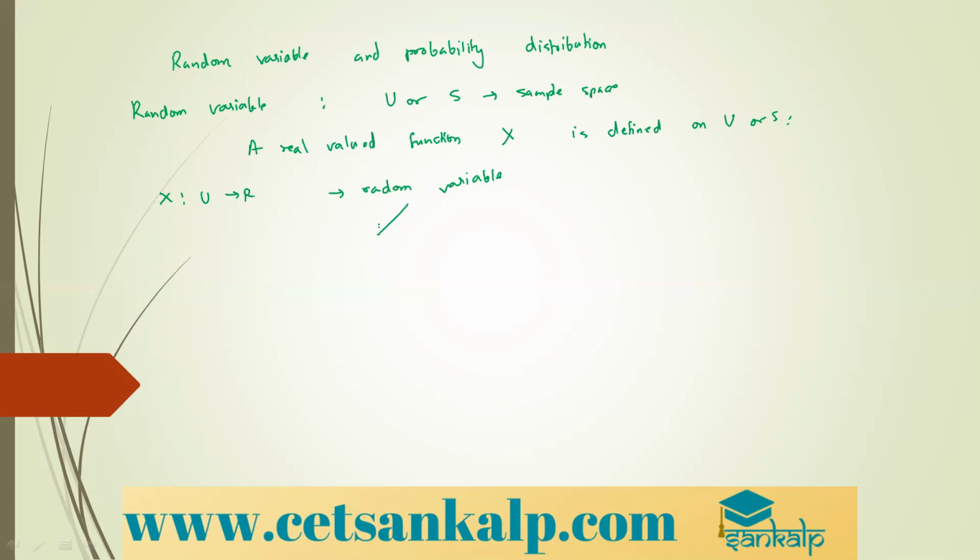There are two types of random variables. One is discrete random variable. The other one is continuous random variable.